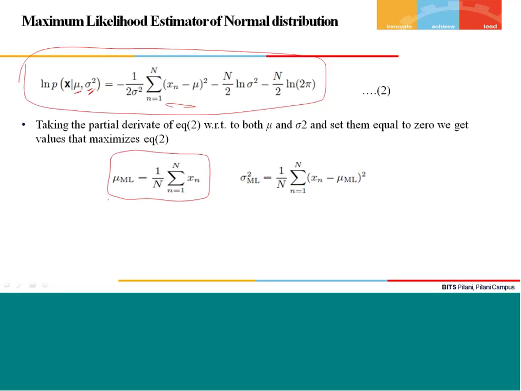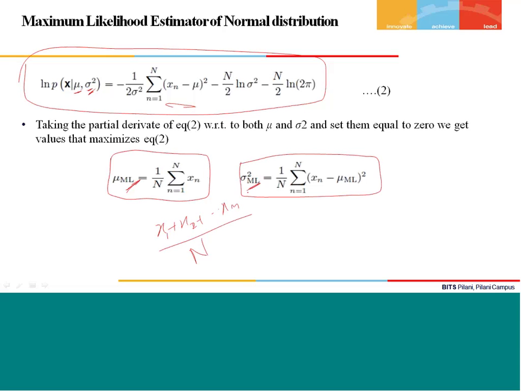If you do it, you will get that the estimated mu from the samples is nothing but the sum of all the samples, x1 plus x2 plus up to xn, divided by n. It's just an average, simply an average. And the variance of this sample, right, maximum likelihood is for the sample.